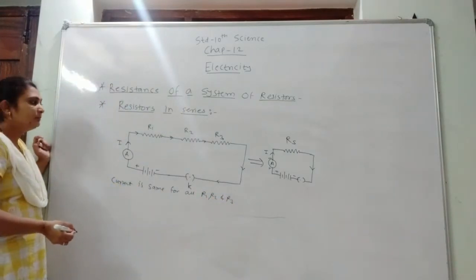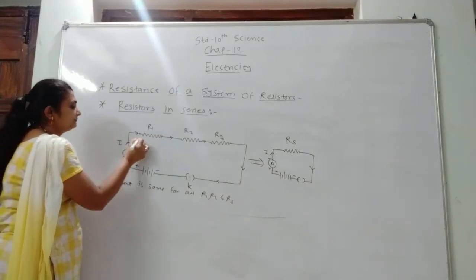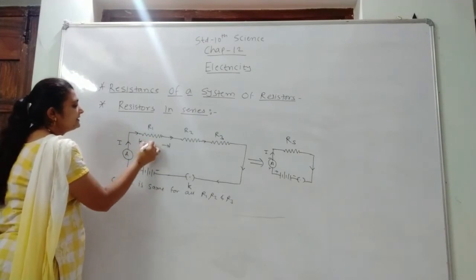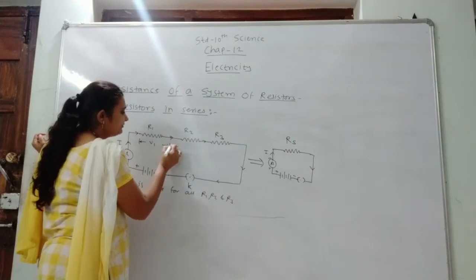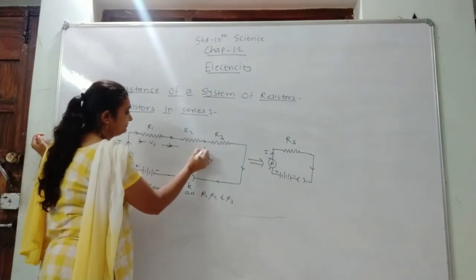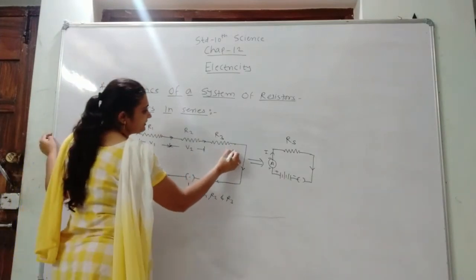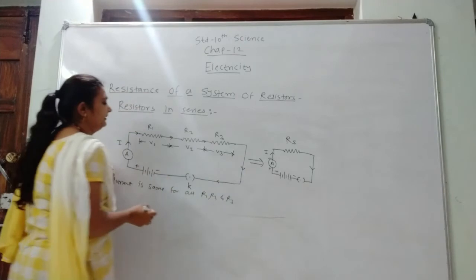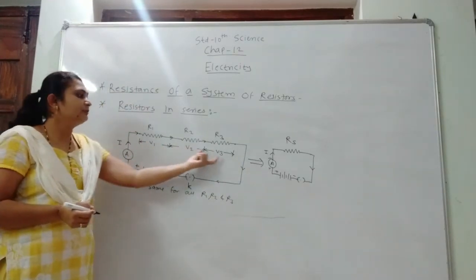But what about the potential difference? The potential difference is different. Potential difference across R1 is denoted by V1, across R2 by V2, and across R3 by V3. Different potential differences V1, V2, V3.